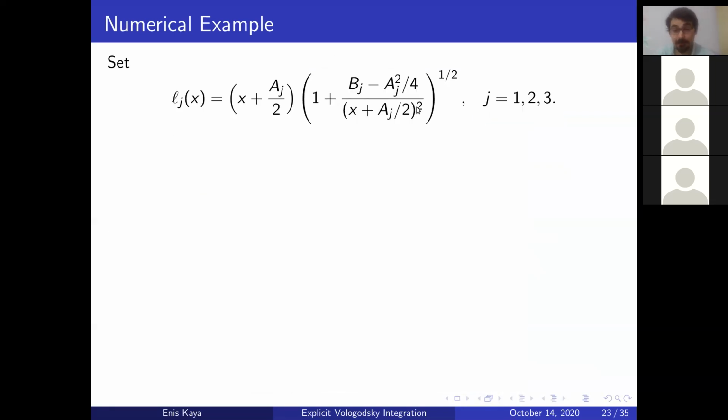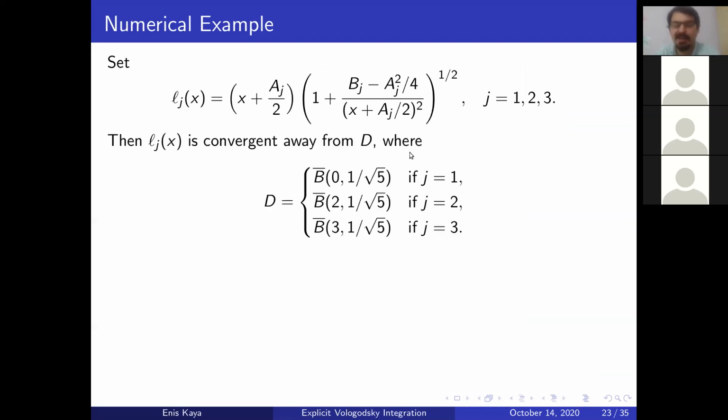But first of all, as you see, this is a series. And one can easily check that Lj is convergent away from Dj, where Dj is the first, second, and third closed disk I remove from P1 to get U, if j is 1, 2, and 3 respectively.